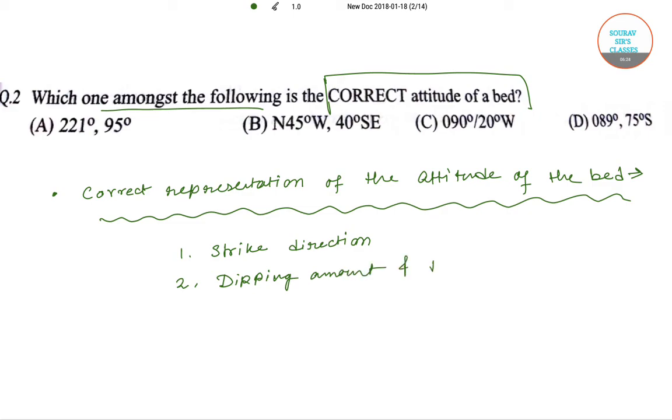Now, in between the strike direction and the dipping direction, there must be one thing, an angular difference.